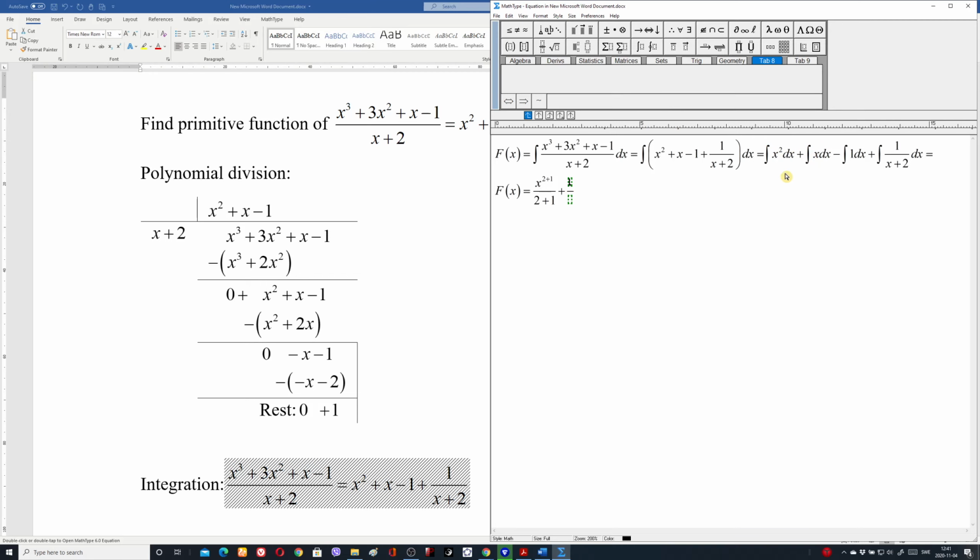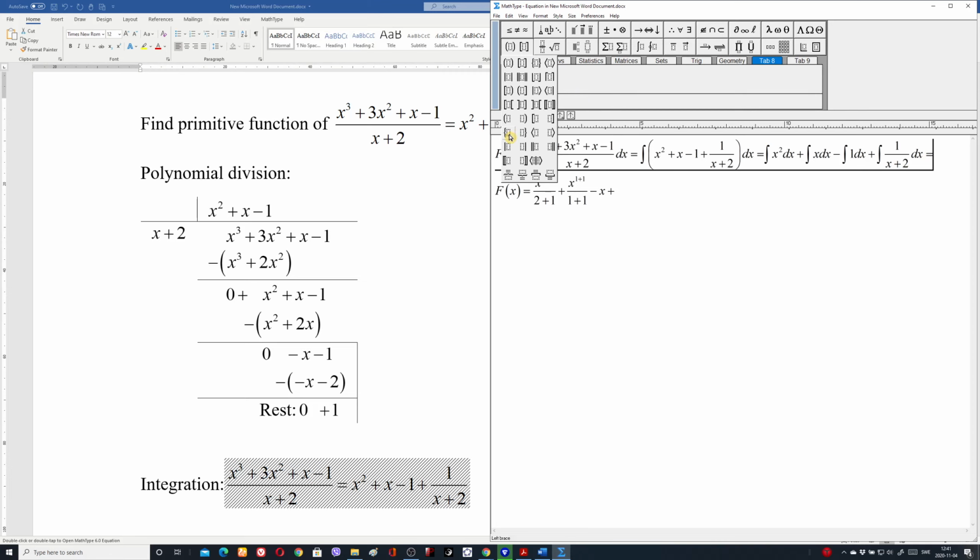And now for this integral, we have x power 1 plus 1, which means 1 plus 1 is 2. Okay? After that, we take this one. We know that there will be minus. The primitive function of 1 is just x plus.